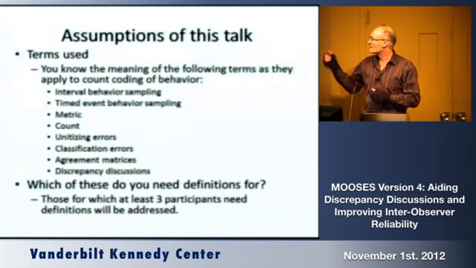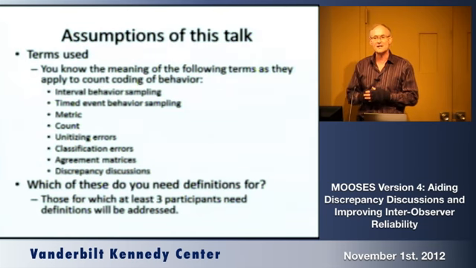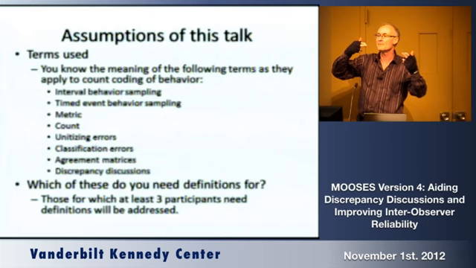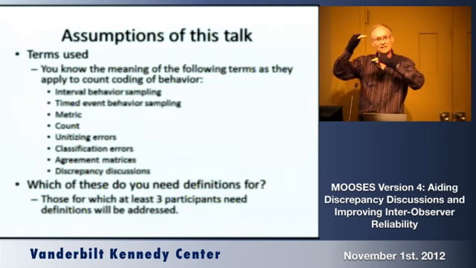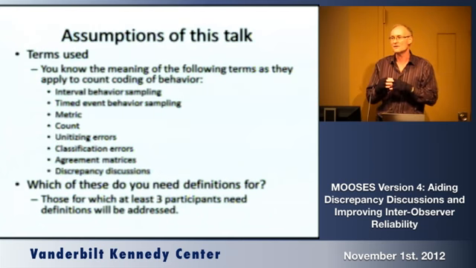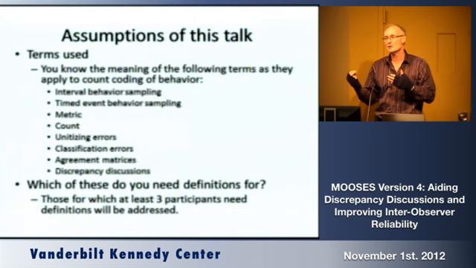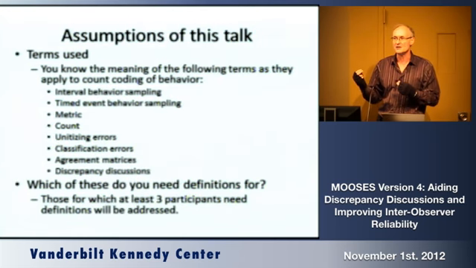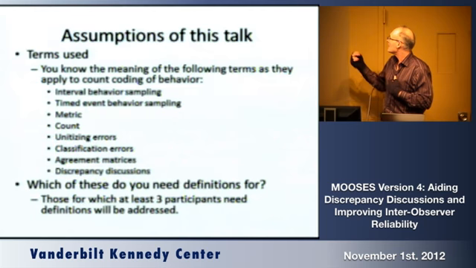That's in contrast to the next one, classification error, which is we both see an event, but we call them by different names, or we see them as different levels within a set of mutually exclusive codes. So for example, we both see an aggressive event, but I see it as personal aggression, and you see it as property destruction. Okay?